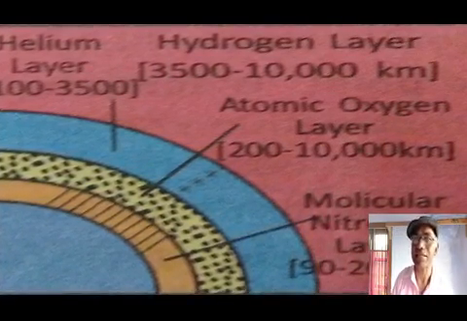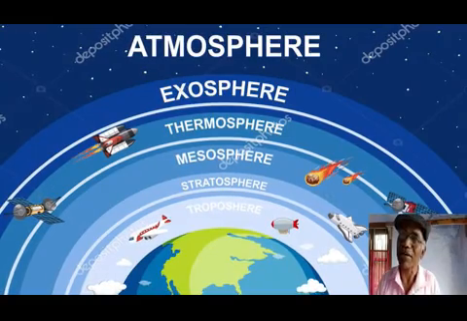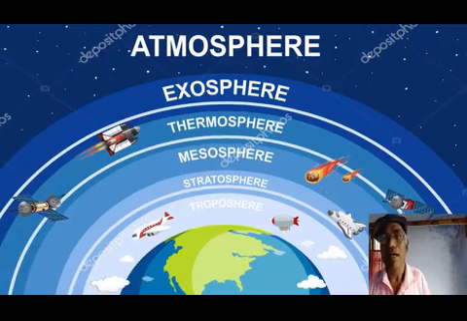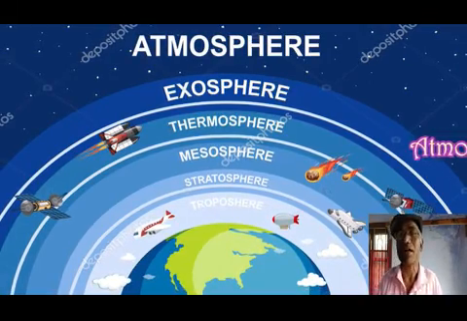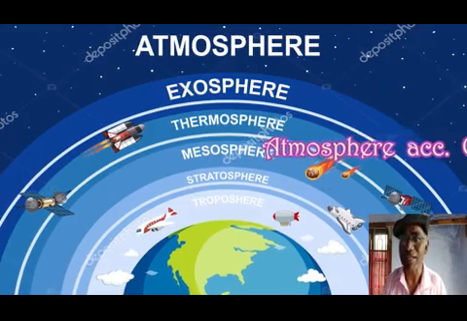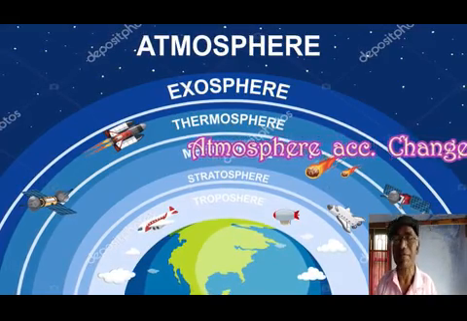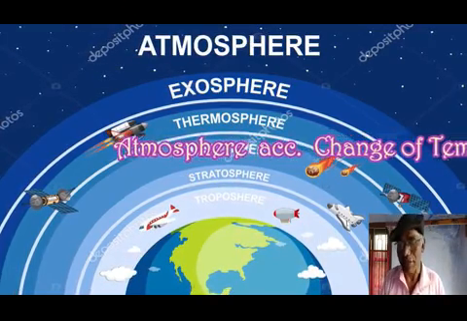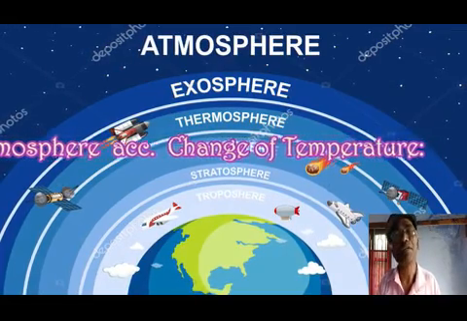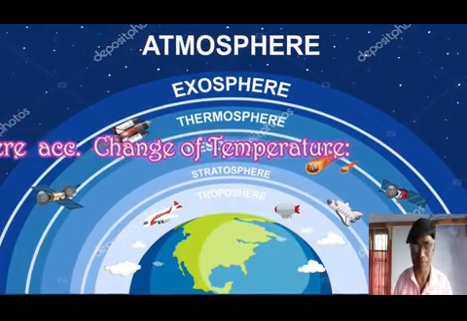Sometimes the gases are often absent or rarely present. According to the changes of temperature, which is more popularly taken and accepted, layers of atmosphere can be classified into 5 layers.